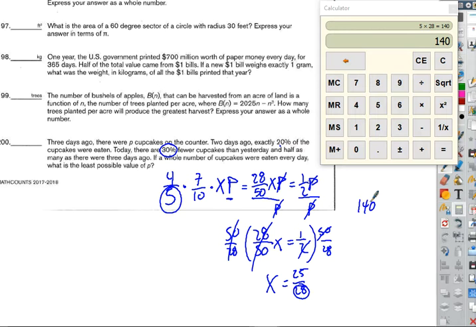But 140 is not quite the answer, is it? Because 140 is twice 70. So 140 would work. So are there any other numbers that would also work, right? So at this point we know that if we divide by 2 we get 70, and so there is my answer.